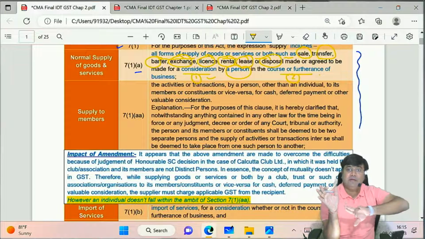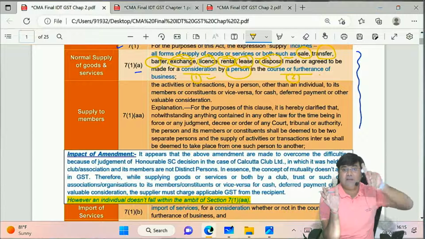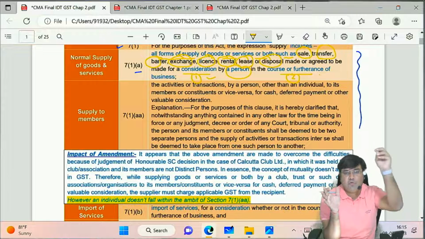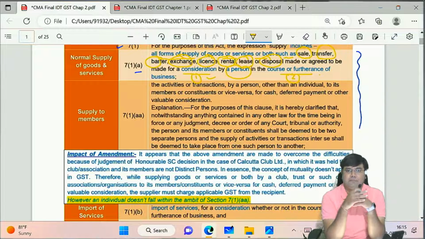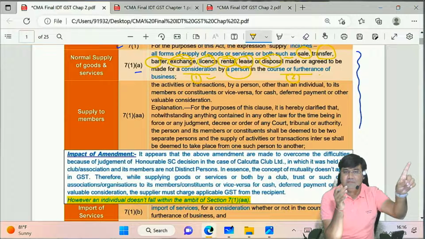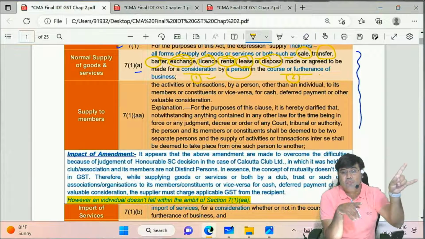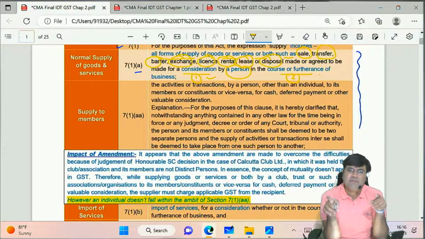But suppose I change this example and say I am giving it free to that student. Rather than charging a 1 rupee token amount, I am not charging anything. Then is it a supply? The answer is no. Service is there, okay, and in the course of furtherance of business, yes, because that is my business.